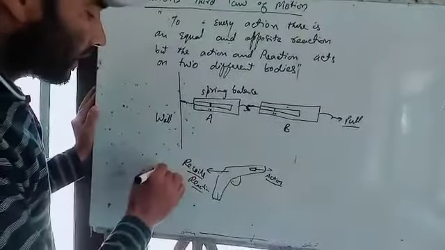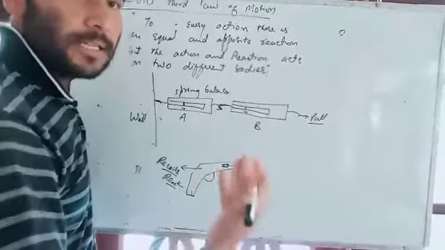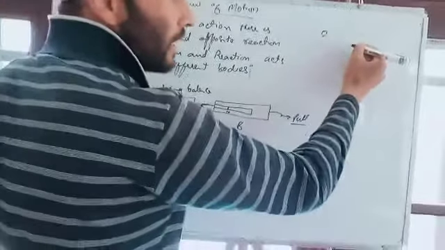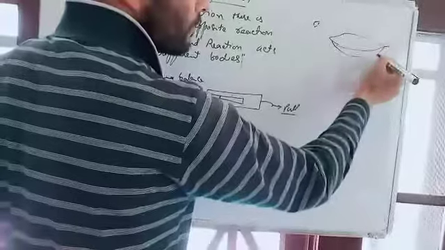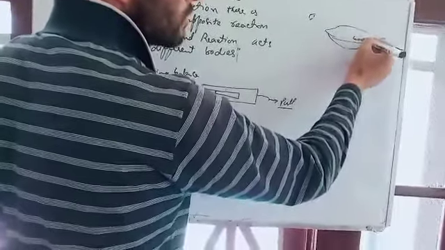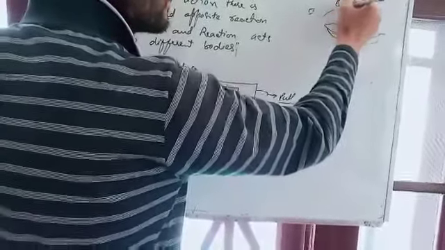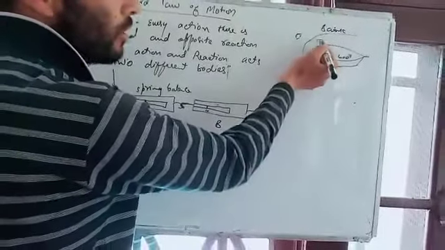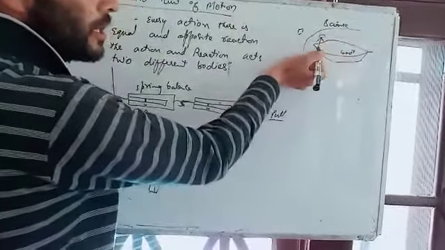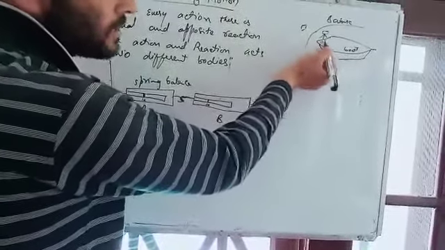Now another example: a sailor, which means someone who sails in the sea, or a man on a boat. When the man tries to move out of the boat, what happens?